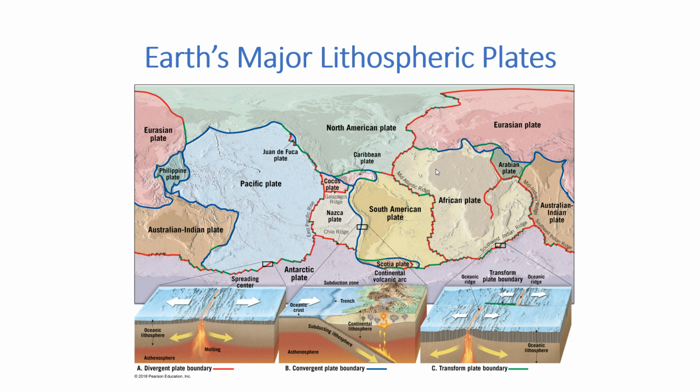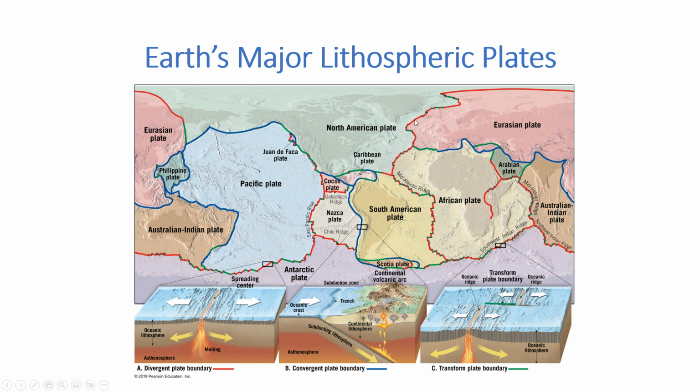This map also shows you a color coding to indicate what's happening where plates meet. For example, between the margin of the Pacific plate and the North American plate, it's drawn in blue, indicating that that's a convergent plate boundary. Convergence means to come together.